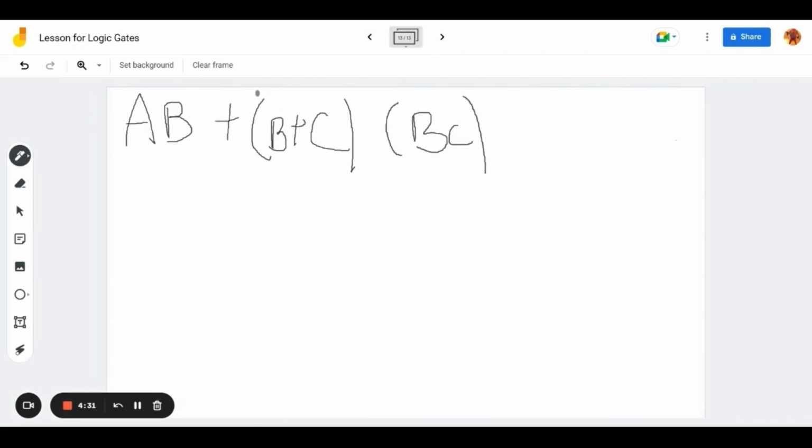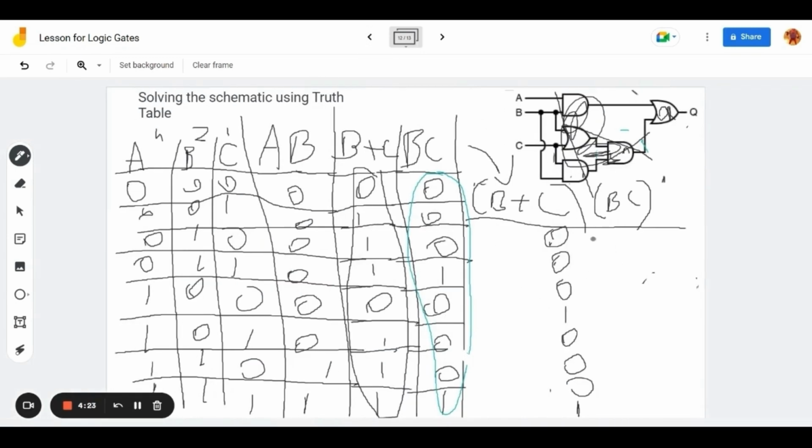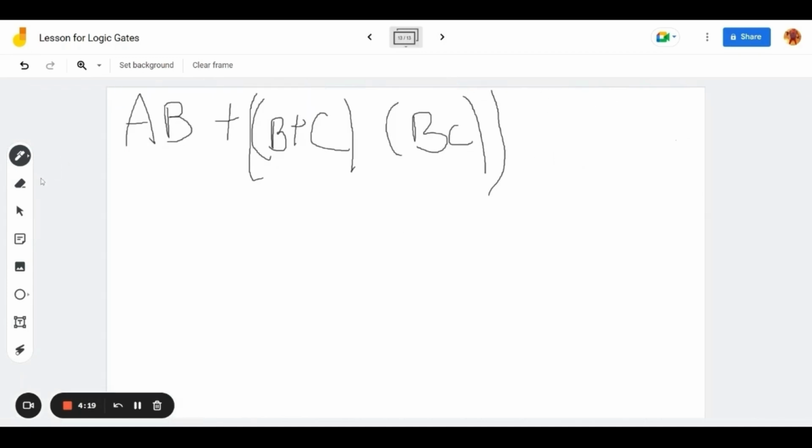And you don't really have to bracket the B plus C and BC here like this because already the value for B plus C and BC is given to you over here. So all you would have to do is just copy this value onto here. So I'm not really going to put the bracket there. But if you want to, you can put the bracket there for you to see. But for me, I don't really need the bracket there.